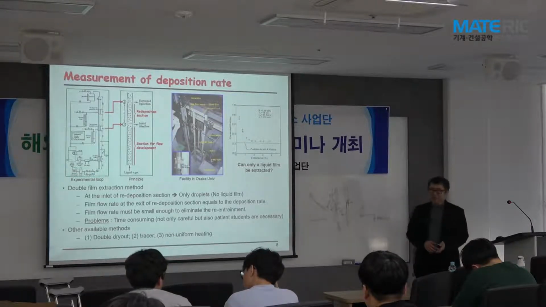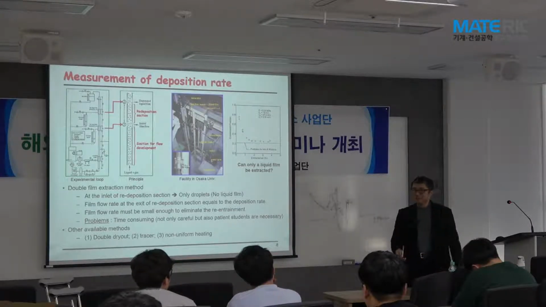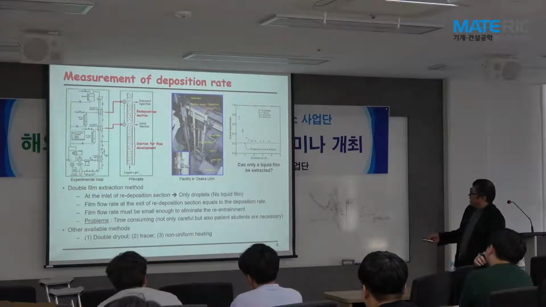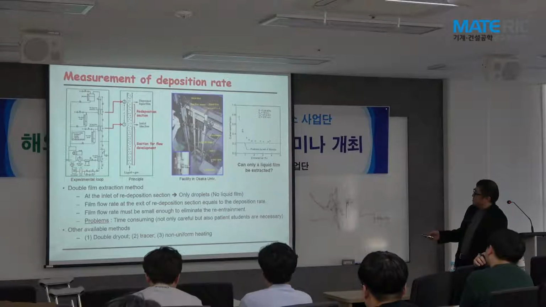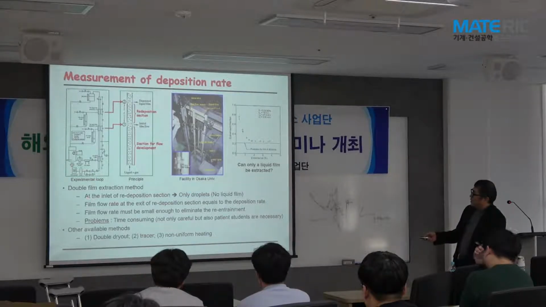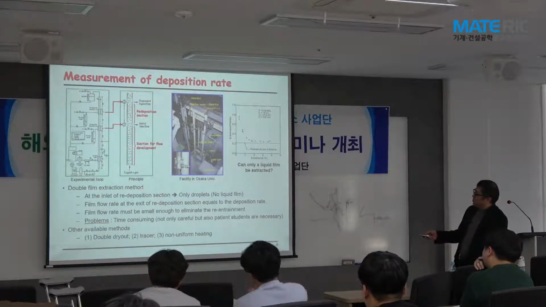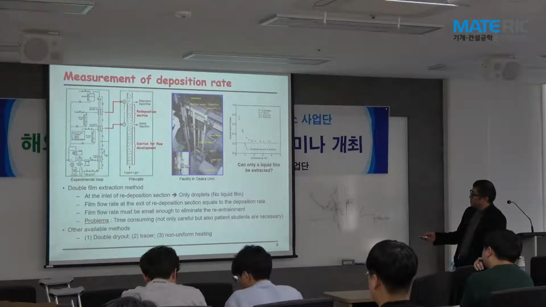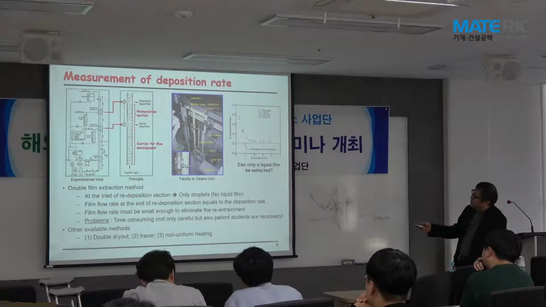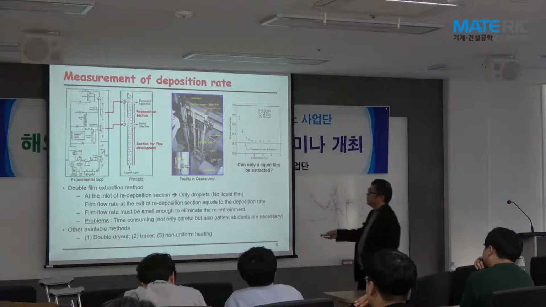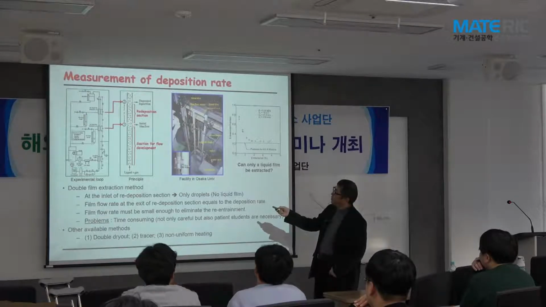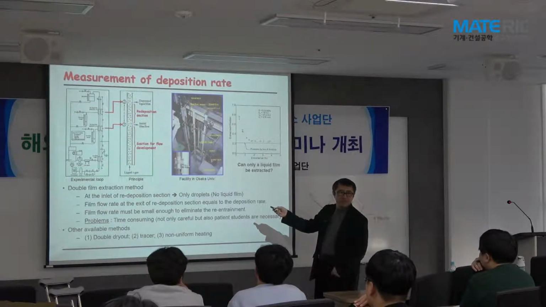Anyway, thank you very much. It is the most important point in this measurement. And let me return to the talk. The double film extraction method was used at the inlet of the deposition section. First, all the liquid film is extracted here. Therefore, only droplets are available, no liquid film.